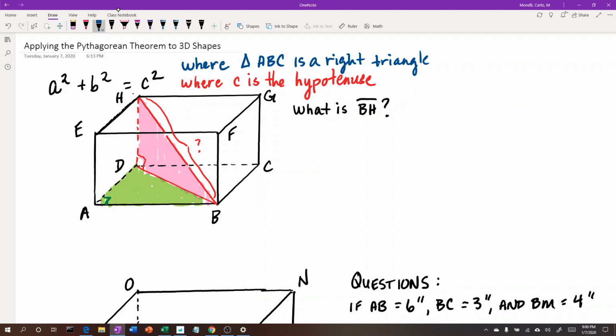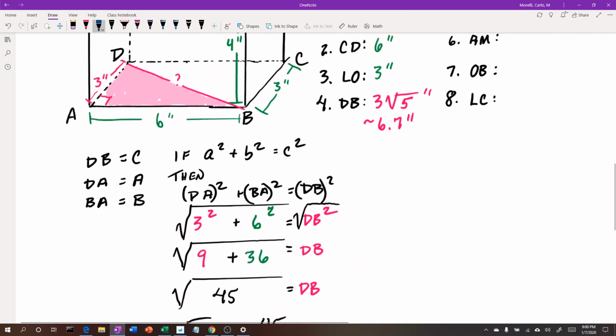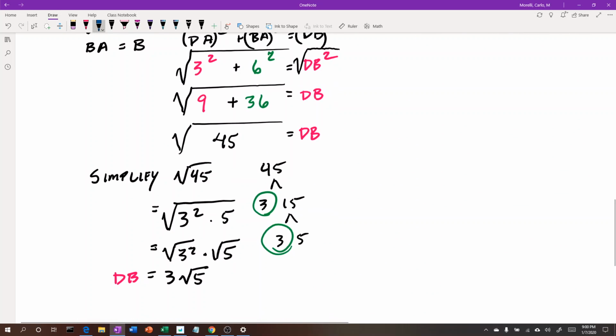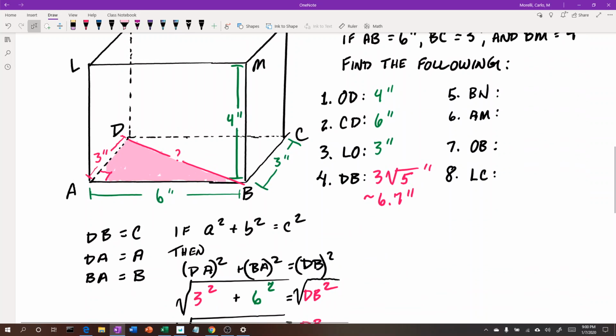You really need to put that in your notes to understand. Okay? So let me go back down. That is so cool. So we figured out dB. dB is like 6.7 inches. That's really cool. That's helpful.